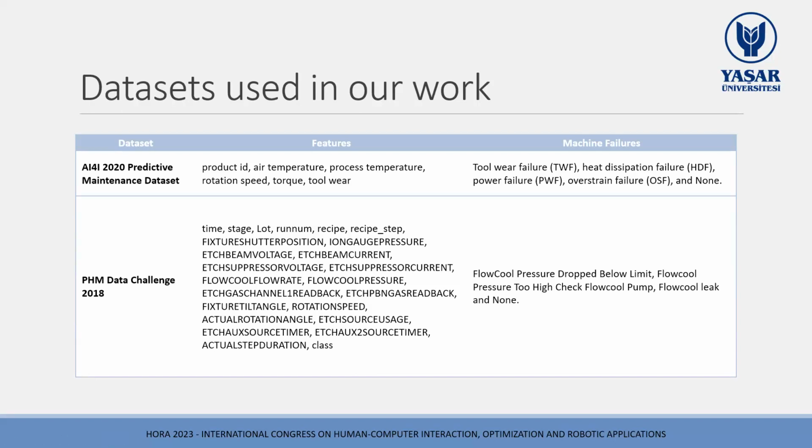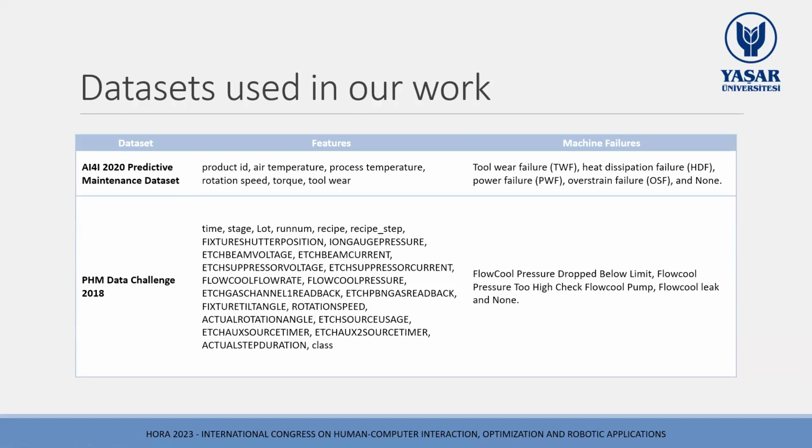This is where we use the real data. In this data set, we have 4 different failure types and 24 different features. The real data set is extremely large. So it has around 14 million records, and the synthetic data set has 10,000 records.